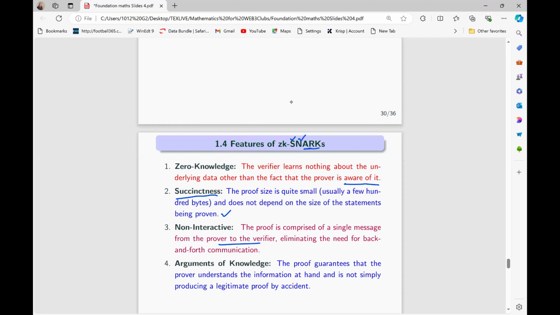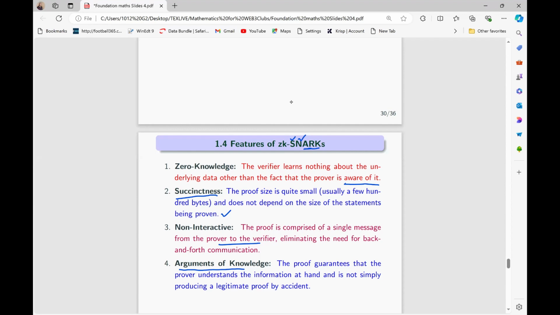So argument of knowledge means that the proof the prover is trying to produce should guarantee that this prover understands the information that he's talking about and is not just producing some good proofs by accident or by chance.